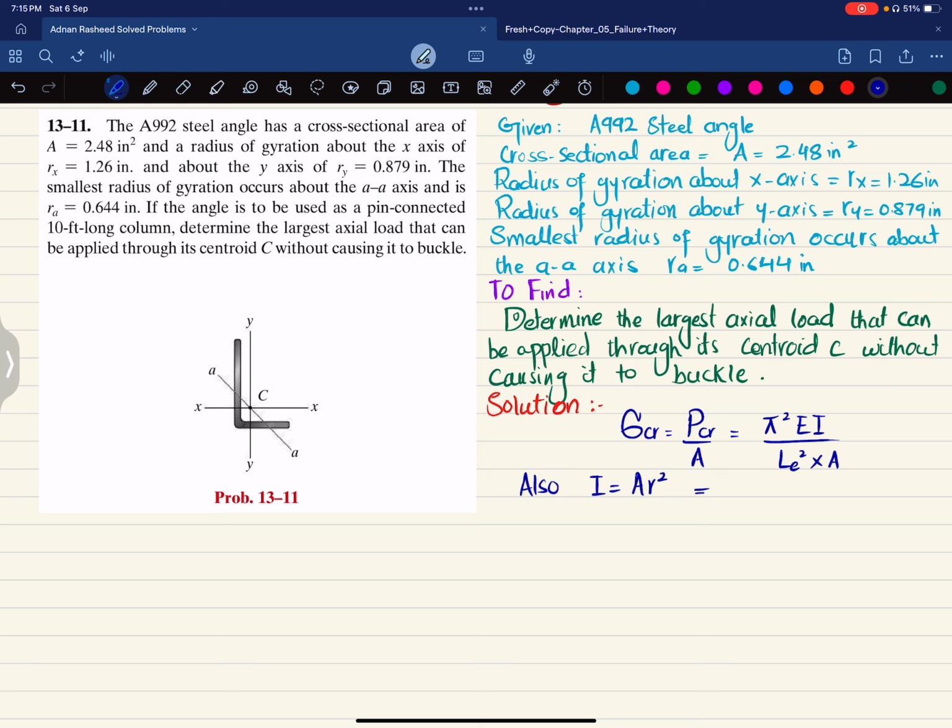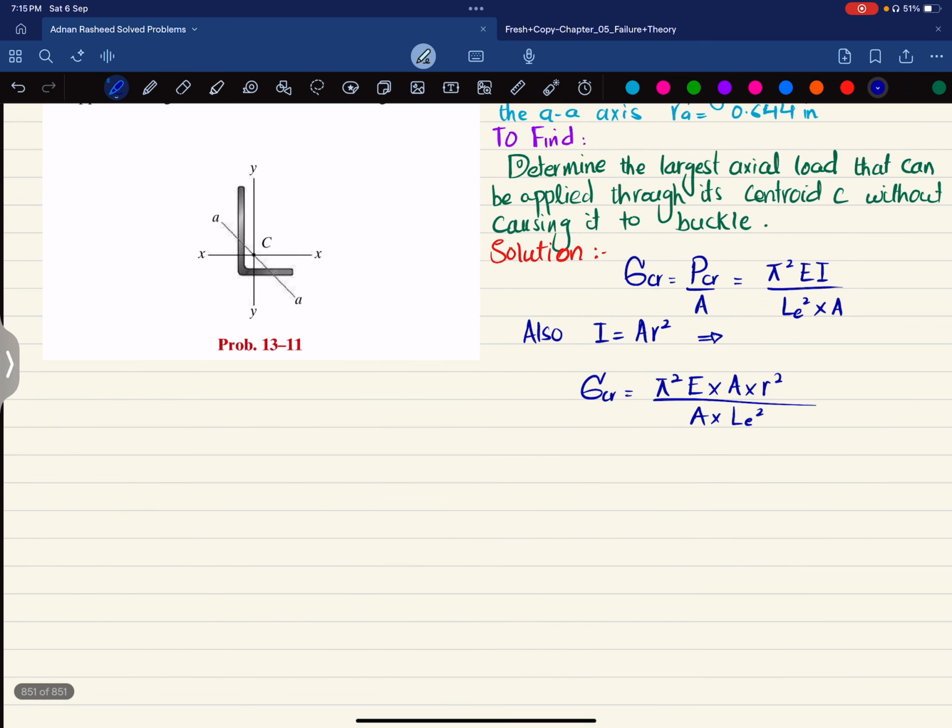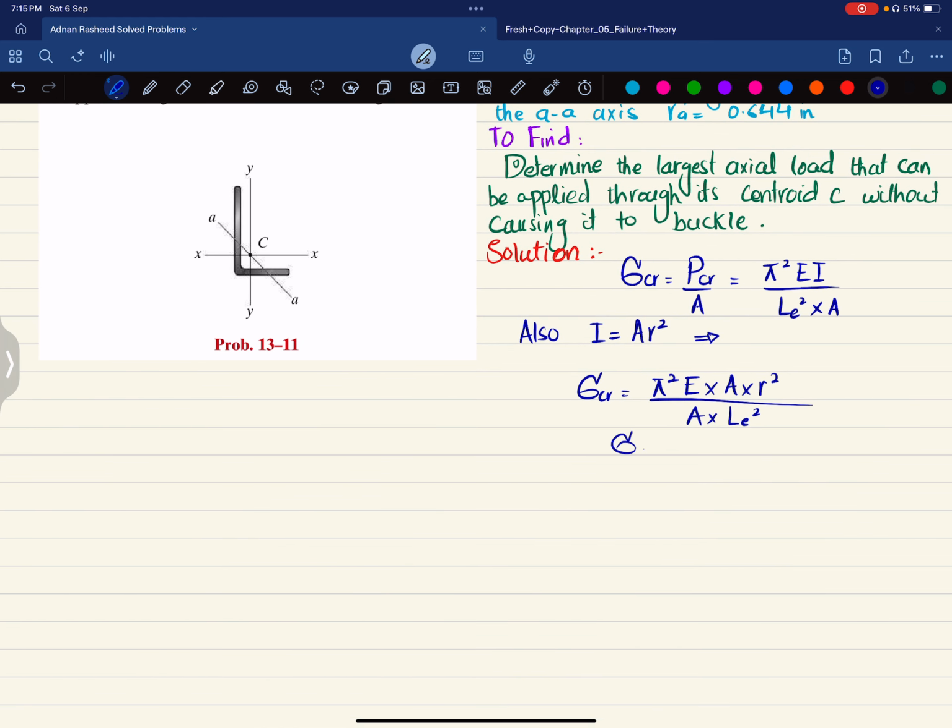So critical stress is equal to pi square E, and instead of I we write A multiplied by R square, divided by area multiplied by effective length square. A will cancel, so critical stress will be equal to pi square E into R square divided by LE square.